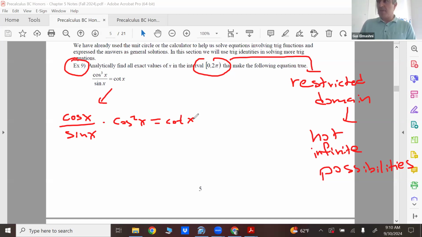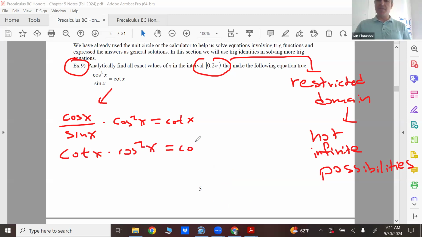Does that make sense so far? What did I do on the left side? I split the fraction, and you're allowed to do that. For example, what if I had x cubed over y? Isn't that just x over y times x squared? Wouldn't that be the same thing? I could bring it back together and make it x cubed over y. So there's no harm in doing that. But you have to get a little creative, because think about what cosine over sine is. Okay, now we're on to something.